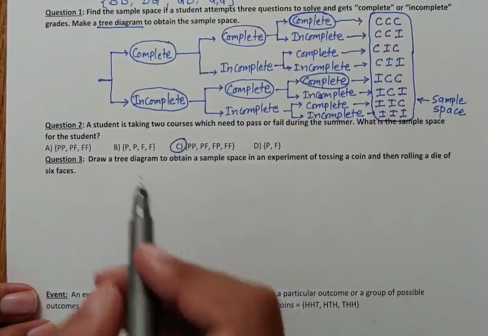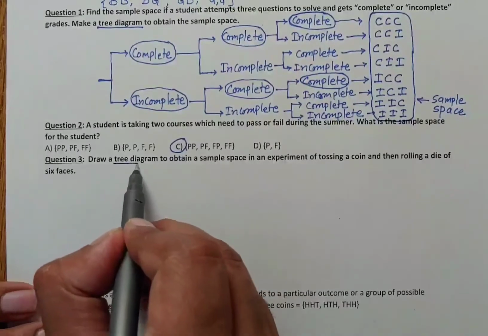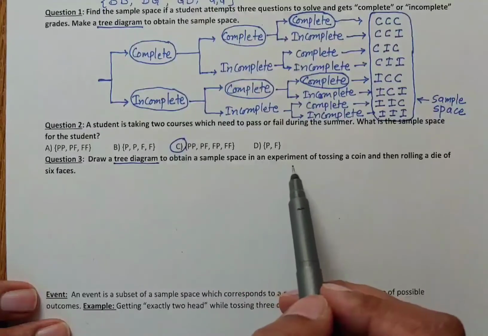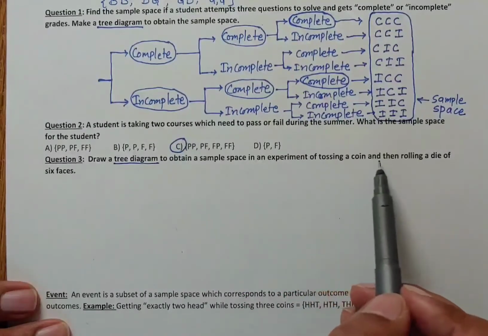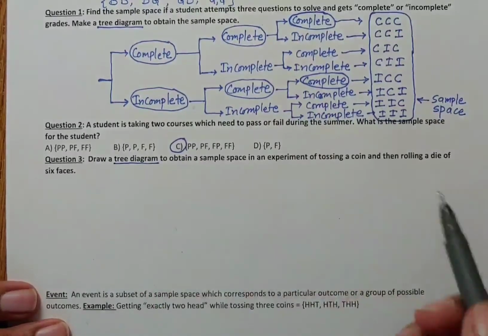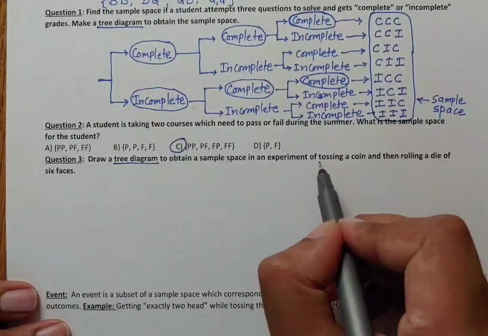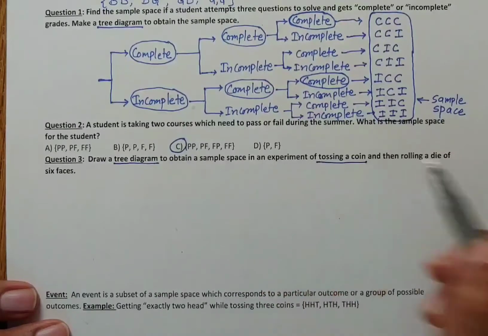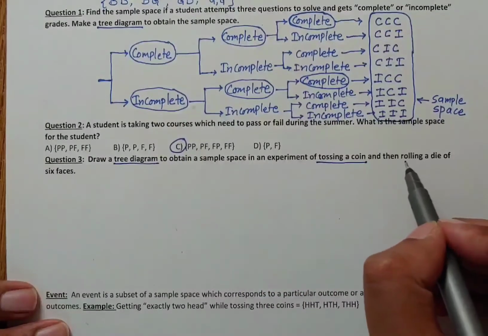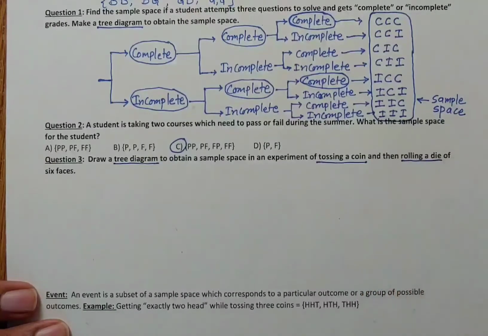Okay, now draw a tree diagram again, like this tree diagram, to obtain a sample space in an experiment of tossing a coin and then rolling a die of 6 faces. So first it does tossing a coin, and then it does rolling a die.